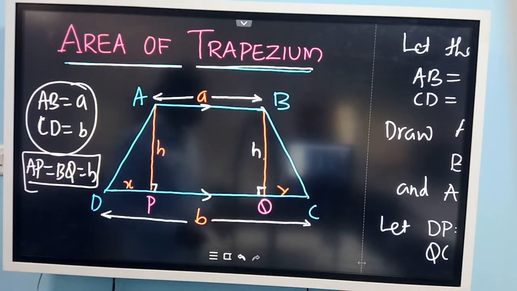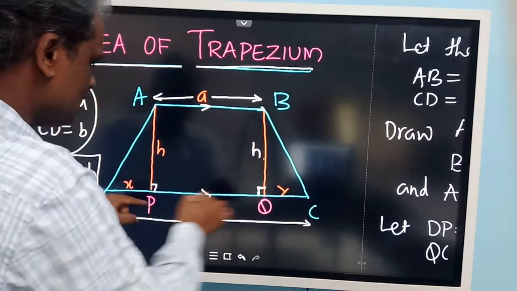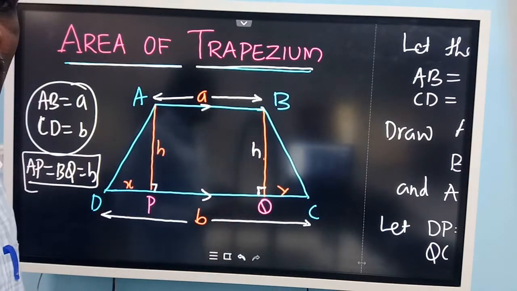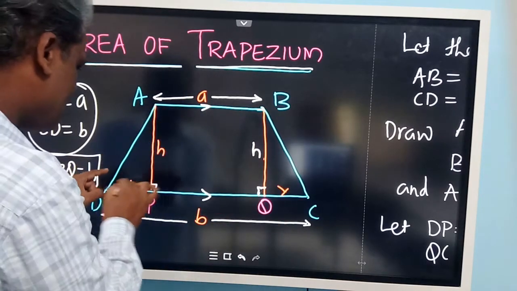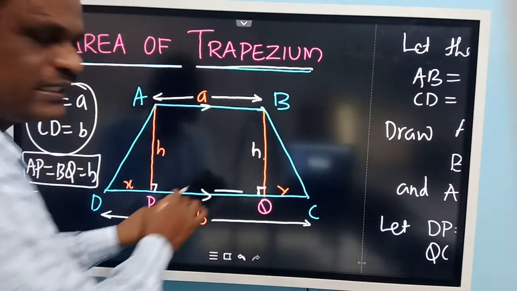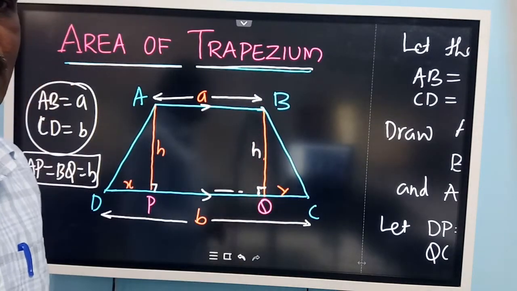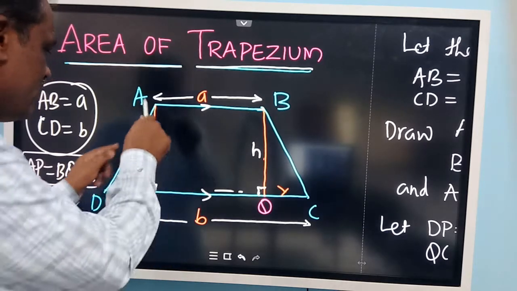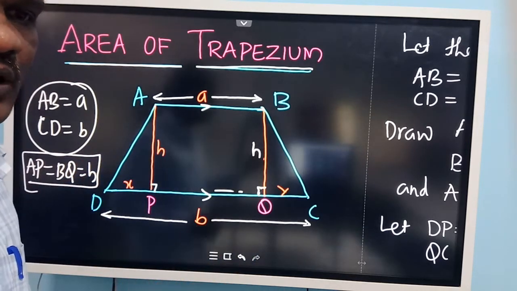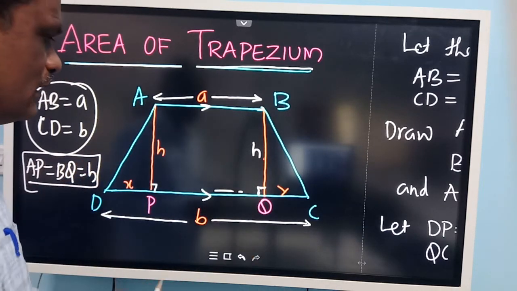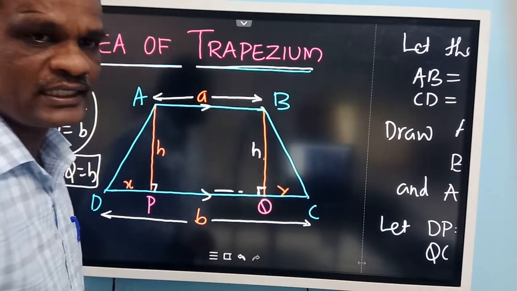So why have we done this? We have divided this trapezium into 3 known figures: a triangle, a rectangle, and another triangle. The area of a triangle can be calculated using the formula half into base into height, and for the rectangle, length and breadth.